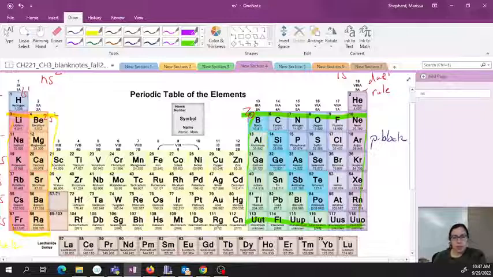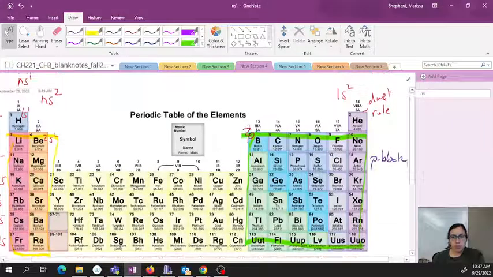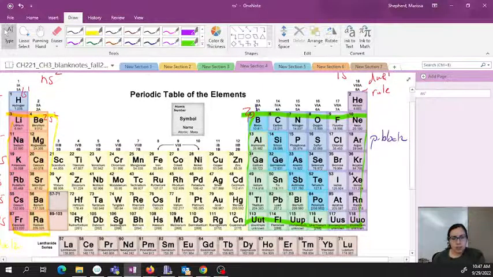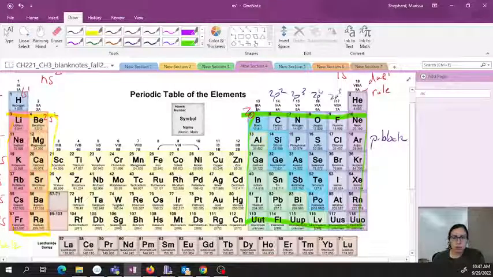This starts 2p, so boron's electron configuration would be 1s2, 2s2, and now 2p1. They just follow along, so carbon is 2p2, nitrogen 2p3, oxygen 2p4, 2p5, etc. And then we can label down here, so this is 3p, 4p with gallium, 5p with indium, 6p with thallium, and of course 7p with these synthetics.